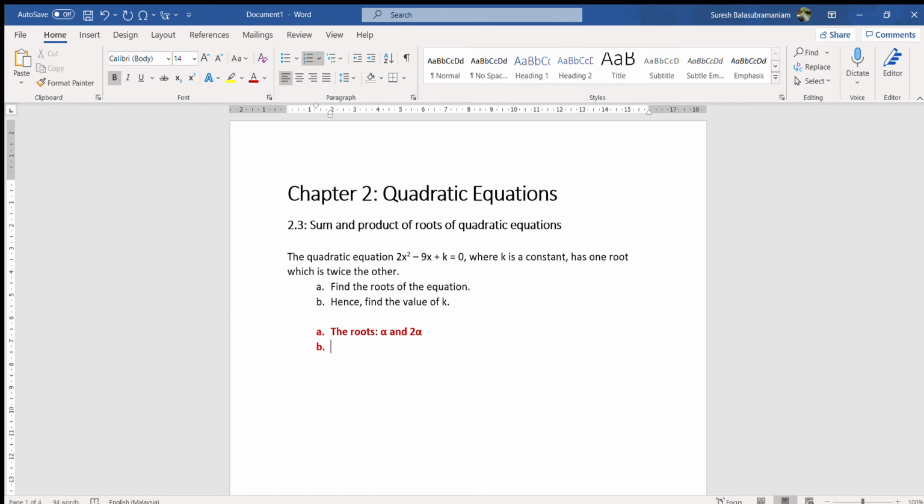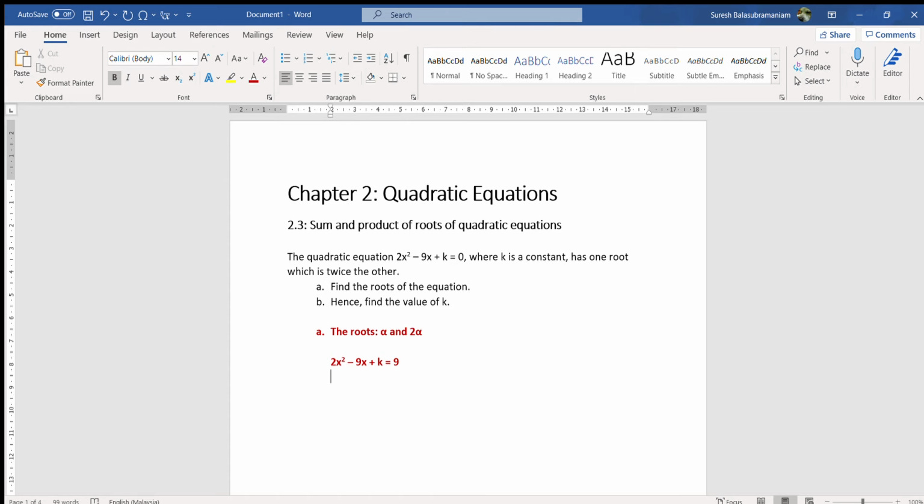Now we have the quadratic equation 2x squared minus 9x plus k equals 0. I will change this to follow the standard format for the sum of roots and product of roots.